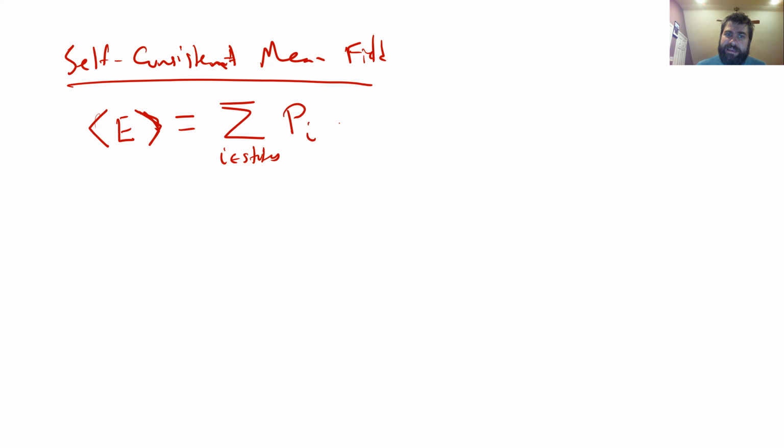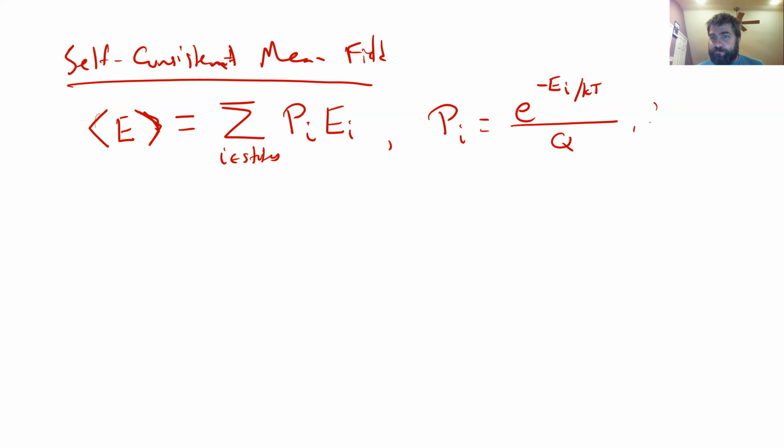And we take a weighted average, the probability of being in that state multiplied by the energy of that state, where the probability is given by the Boltzmann formula, e to the negative energy over kT, divided by a partition function, where this partition function is just a sum over all states of precisely that same piece.